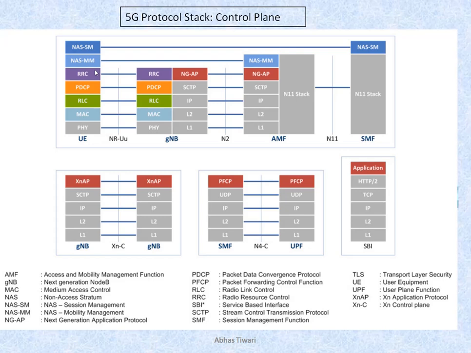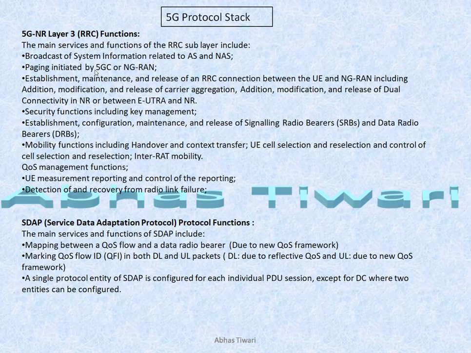So let's get towards the function of each protocol stack layer. What are the main functions of RRC, the layer 3? RRC is responsible for system information related to AS, access stratum, and NAS. It is also responsible for paging.